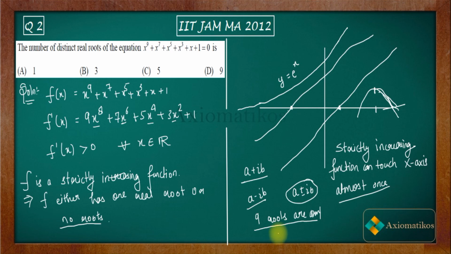Now you know that they will occur in pairs, so 9 is not a possible number for them. You can have 8, 10, 6, 4, 2 complex roots, but you cannot have 9 complex roots. Now this is a polynomial of degree 9, so you know that it will always have 9 roots. So from here finally what I have proved is that f has exactly one real root.